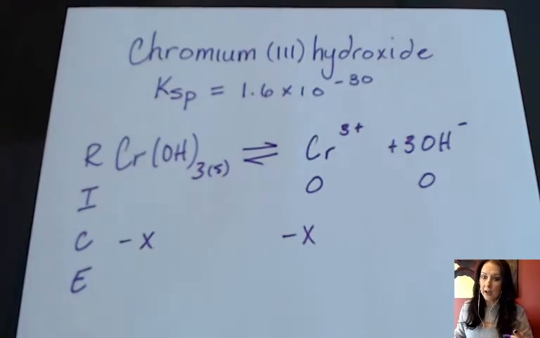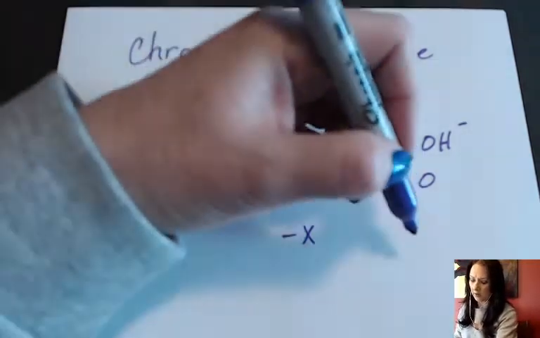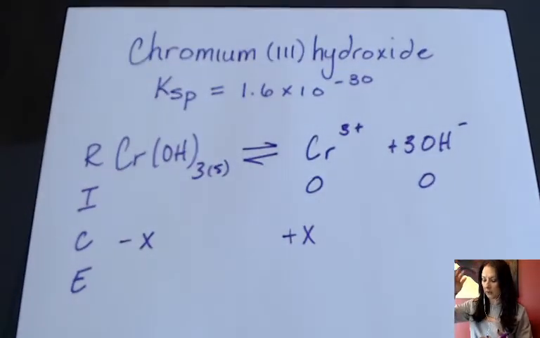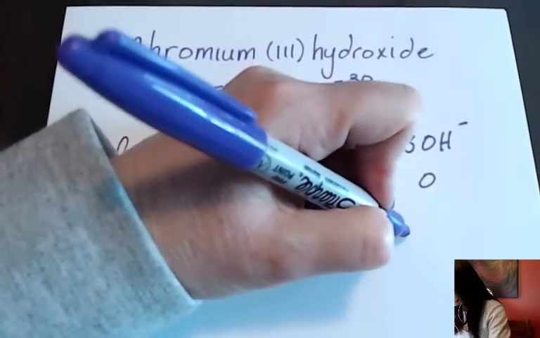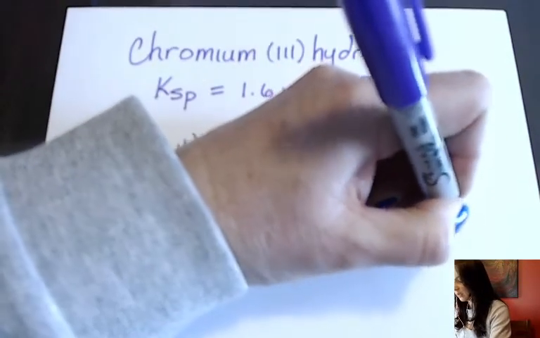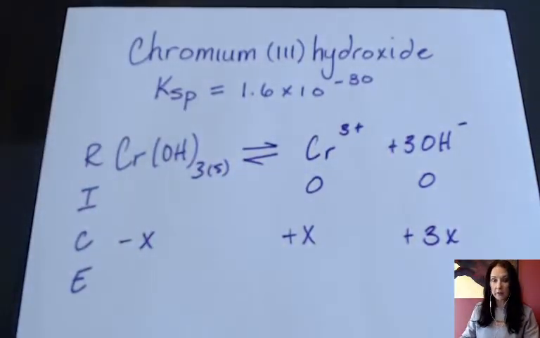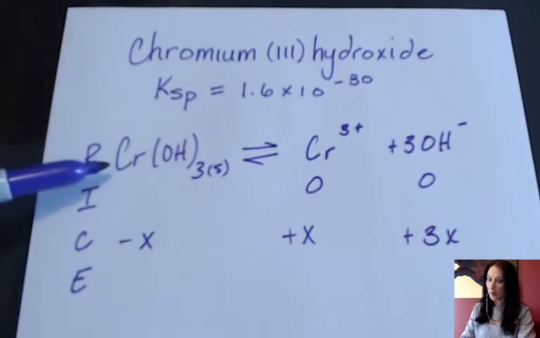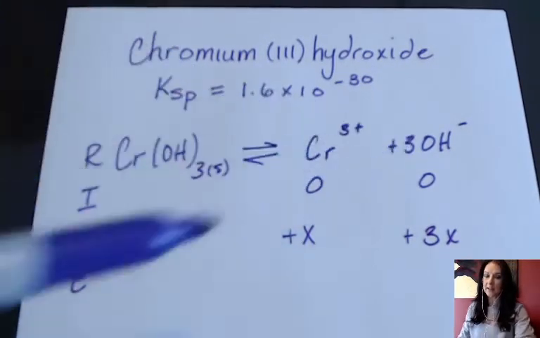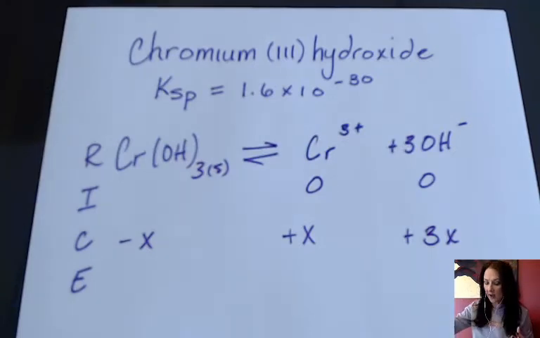But taking into account my mole ratio, my hydroxide, oh, I'm sorry, this should be a positive. This is plus x because it's getting bigger, sorry. That hydroxide should be a plus 3x because of the mole ratio. For every 1 chromium hydroxide, I'm going to get 3 hydroxide. So it's going to grow 3 times as fast.